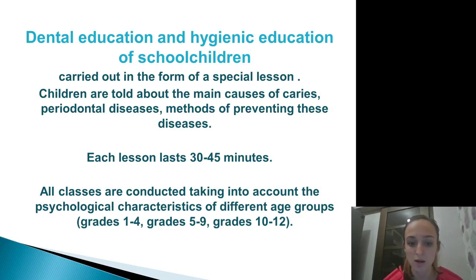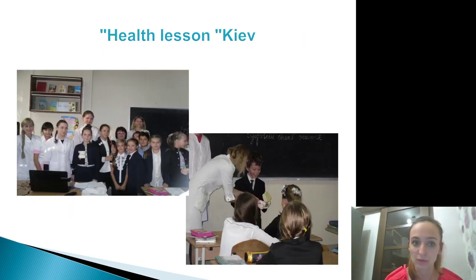All classes are conducted taking into account the psychological characteristics of different age groups: grades 1 to 4, grades 5 to 9, and grades 10 to 12. It is an example of a health lesson in Kiev in a school.